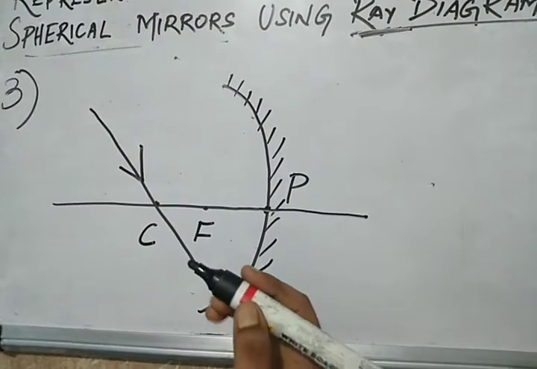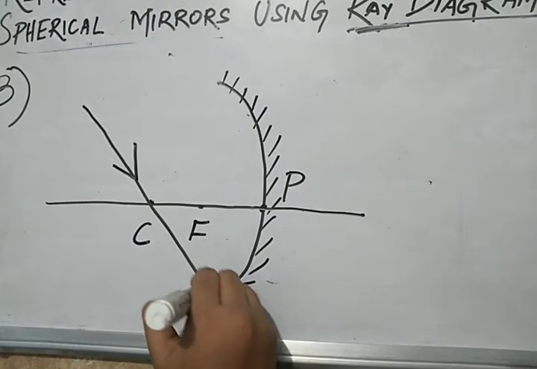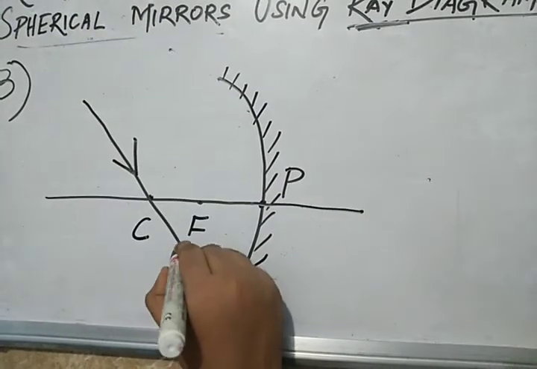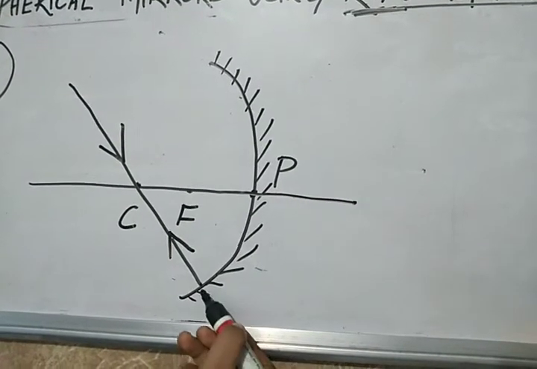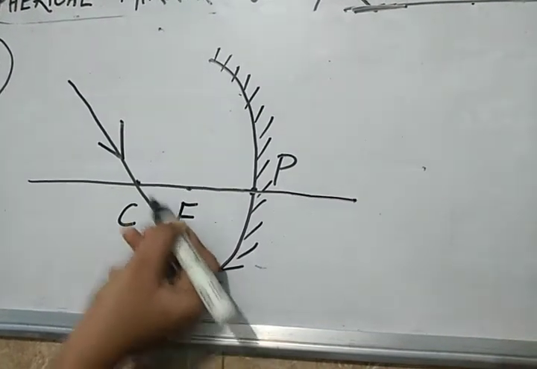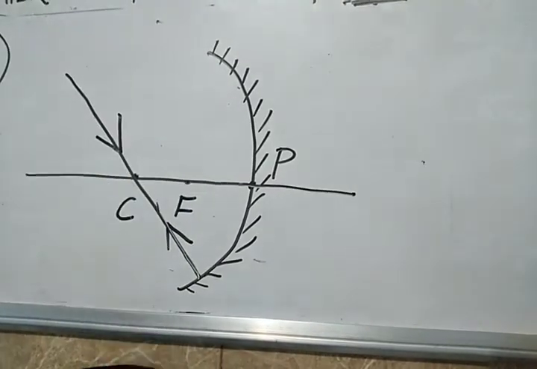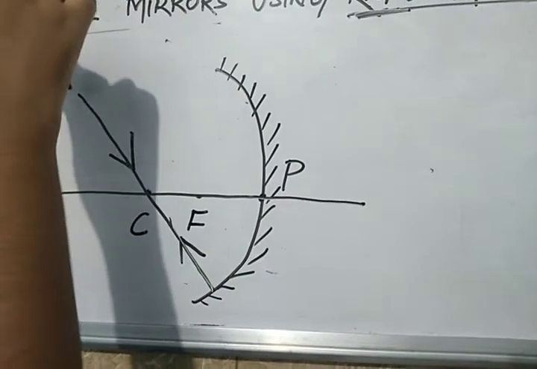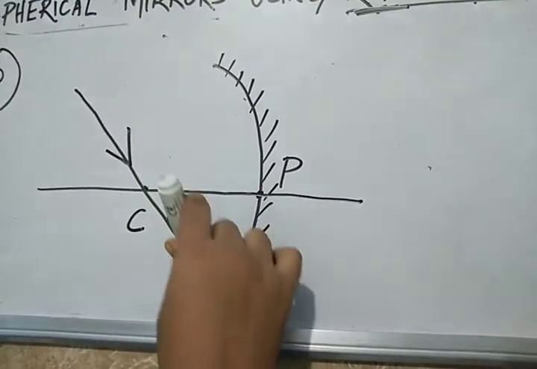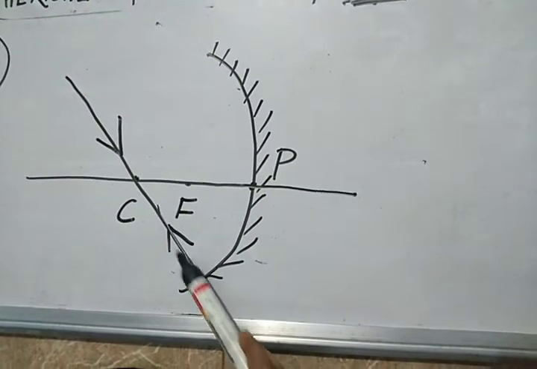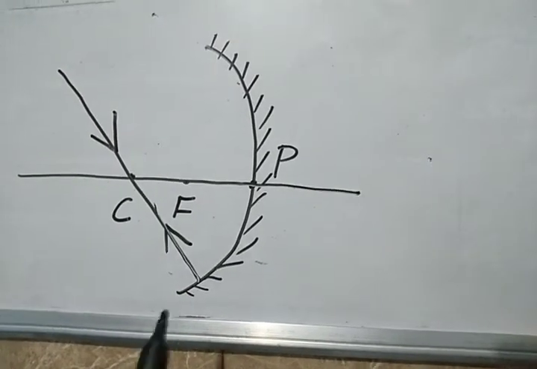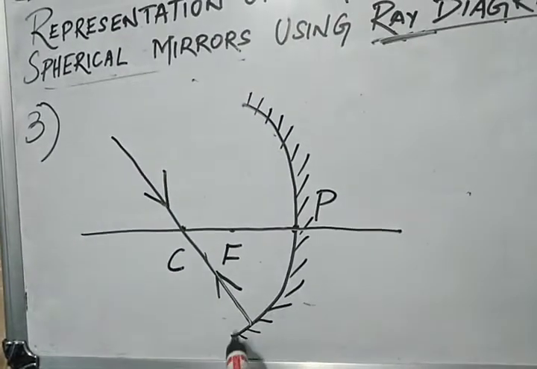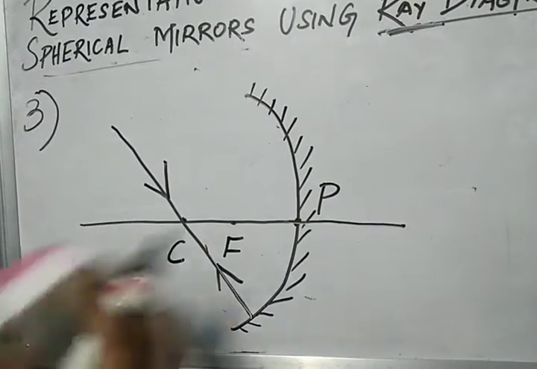After reflection, it retraces the same path, or is reflected back along the same path, like this. If a ray is incident through the center of curvature, after reflection it gets reflected back along the same path. It retraces the same path. This is in case of a concave mirror.